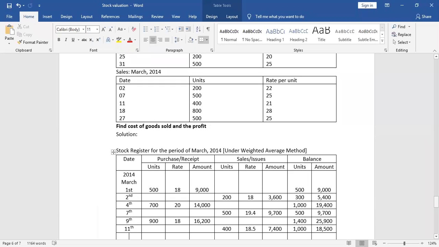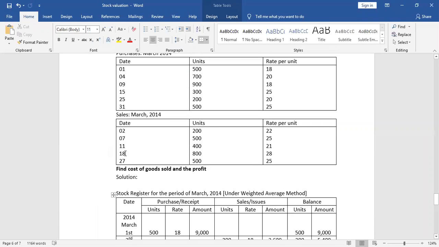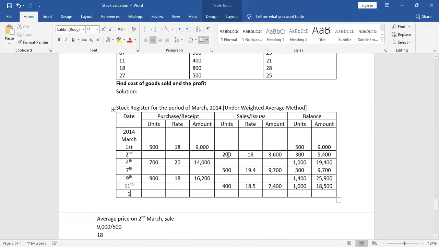18,500 is done. Now after the 11th, the next date of sale is the 18th. But before the 18th, after the 11th comes the 15th, the 15th of March, when there is a purchase of 300 units for 25 rupees. So after the 11th we will go to the 15th. 300 units for 25.